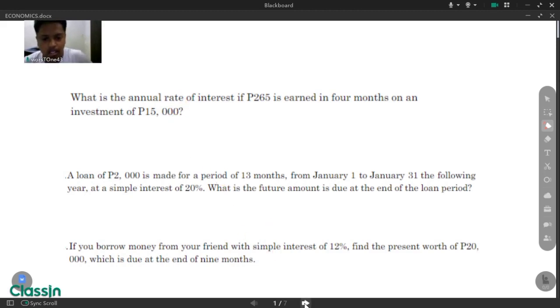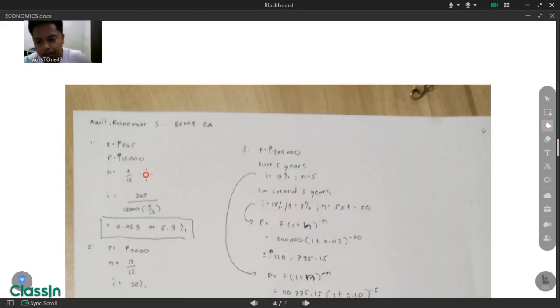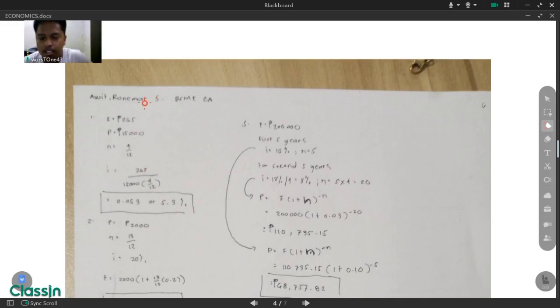So the interest is 265 pesos and the principal is 15,000. Then we have n, the number of months, which is 4 months, so we divide it by 12.